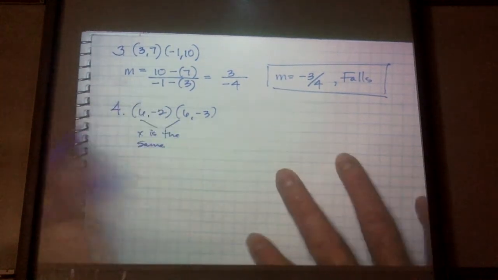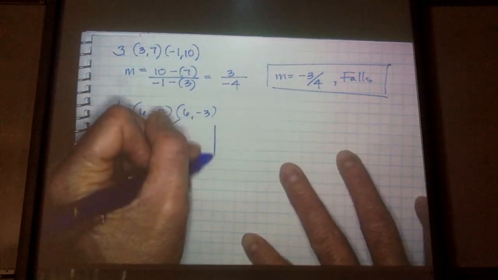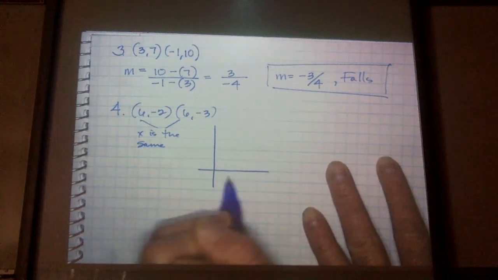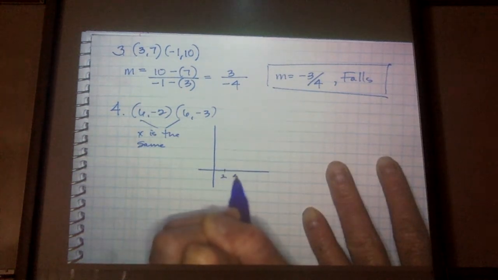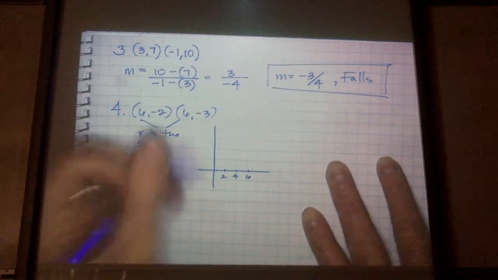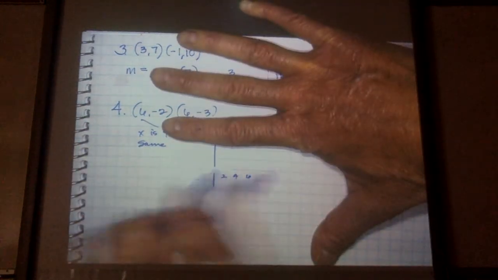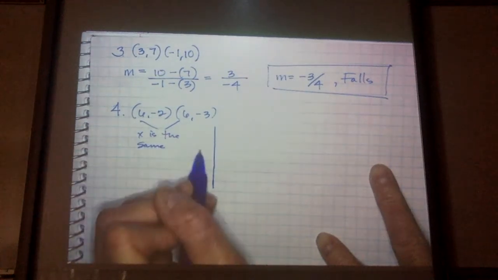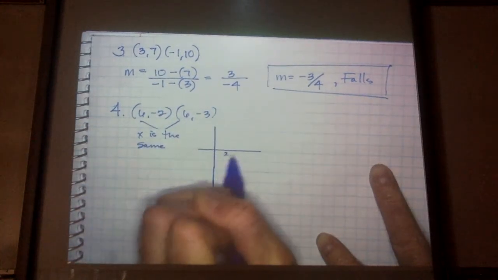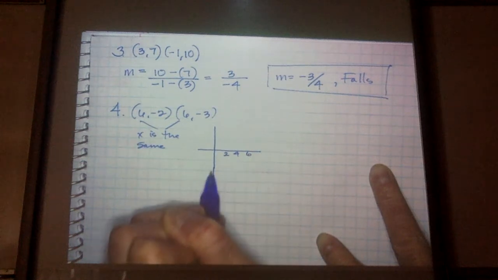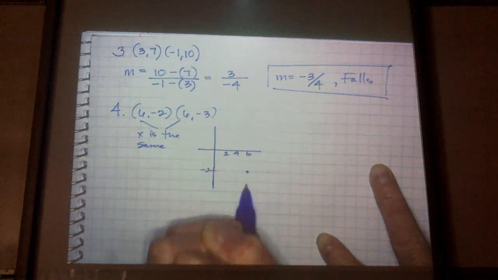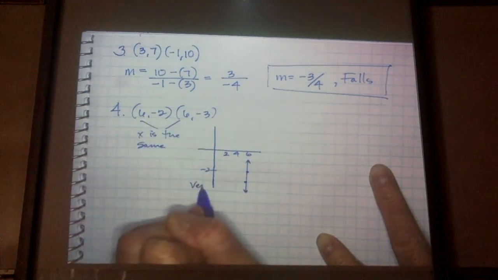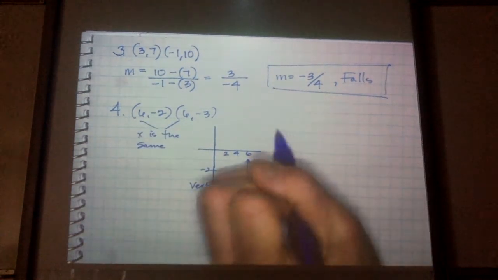So if you were to picture this, let's say this is 2, 4, 6. Let's say this is -2. You'd have one here and one here, which means this is vertical. Or you could calculate it.